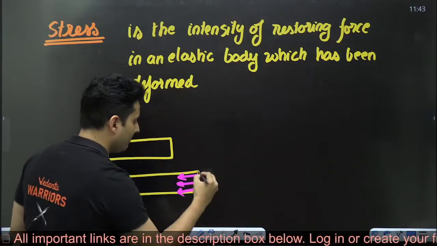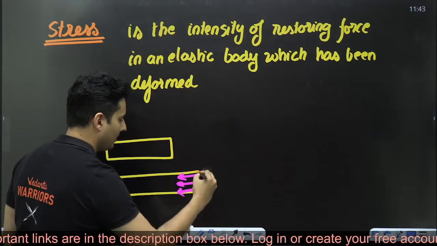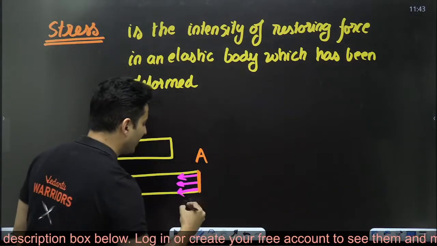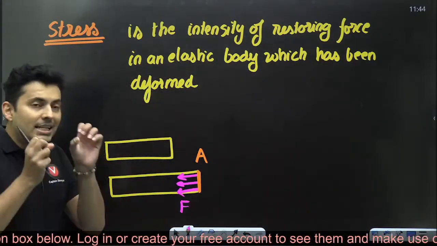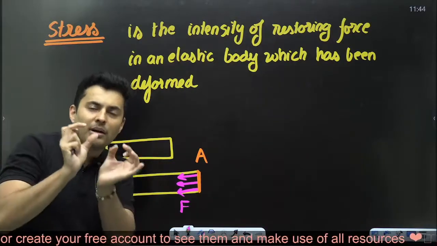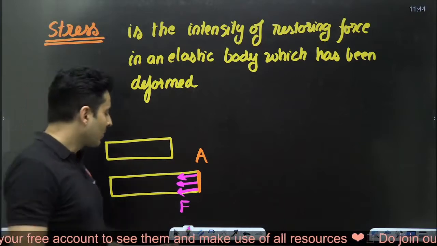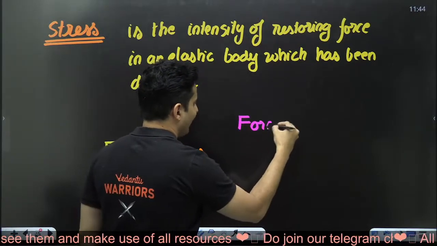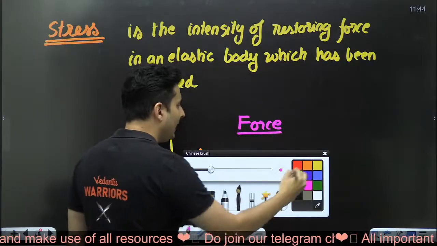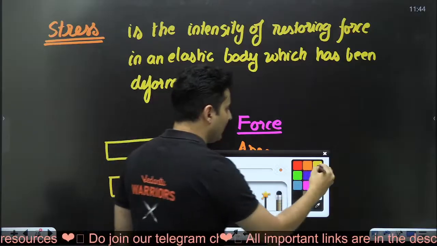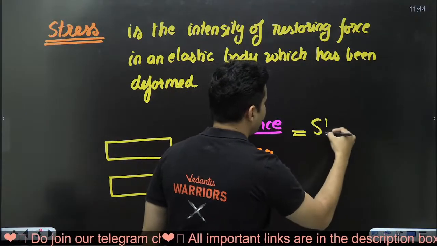Let's say I call that area as A and this force as F. Intensity means how much force is concentrated per unit area. So that's all. If I divide that force by the area, what I get is the quantity called stress.